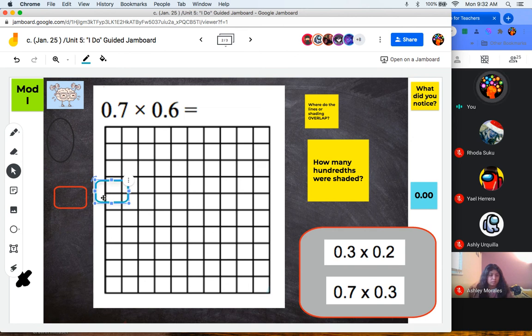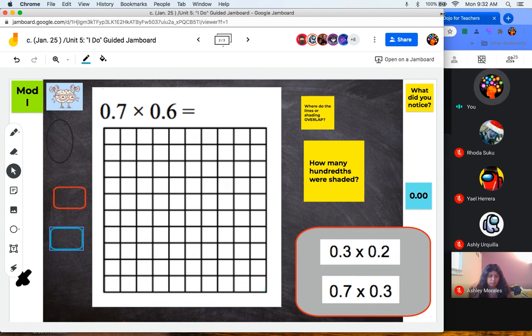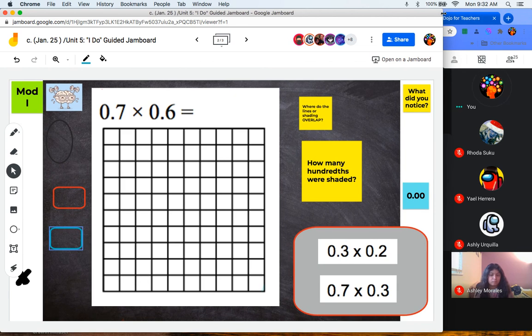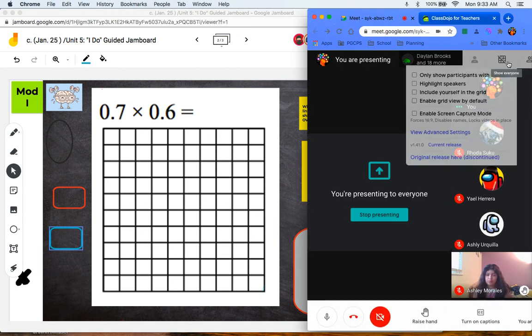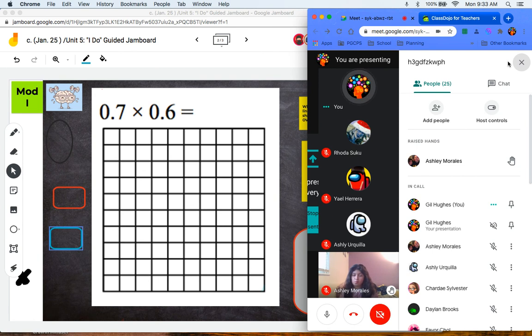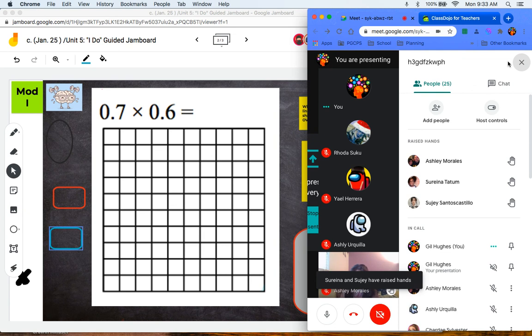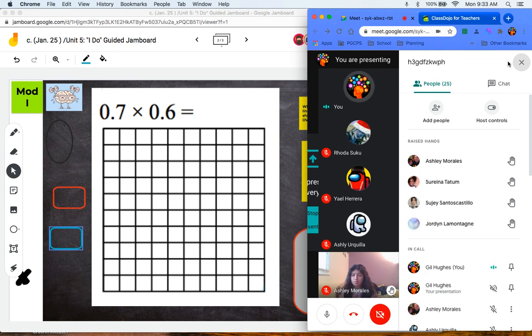And this time I'm going to let you choose. Let me see a show of hands for those who would like to see 3/10 times 2/10. Show of hands. Or 7/10 times 3/10. First hands up for 3/10 times 2/10. Let me see how many I got. Only three for the first one.